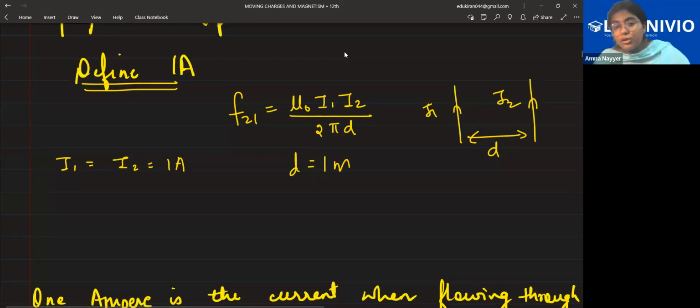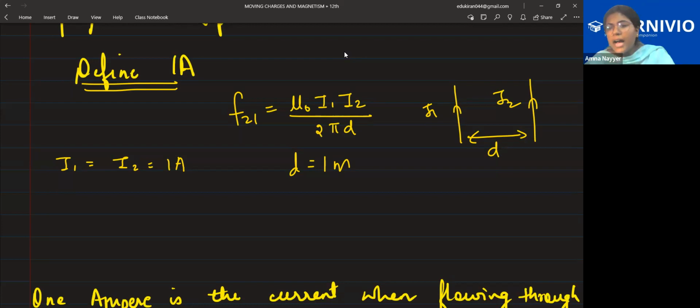Sometimes a question comes to define 1 ampere. Now, 1 ampere, you can always define it as 1 unit charge flowing through in 1 second. Now, some questions mention: define 1 ampere when flowing through two parallel wires. It means straight away your mind should come to here. Now, the formula is F is equal to mu naught I1 I2 by 2 pi d.